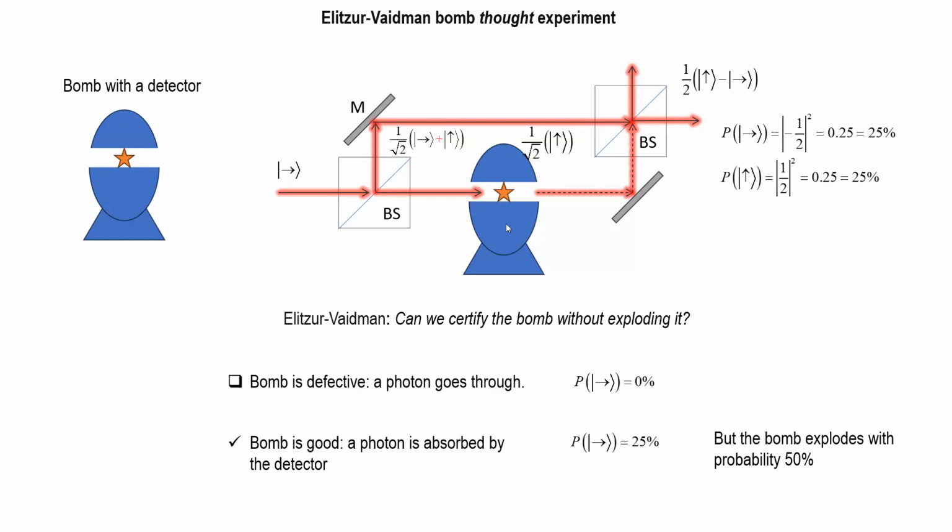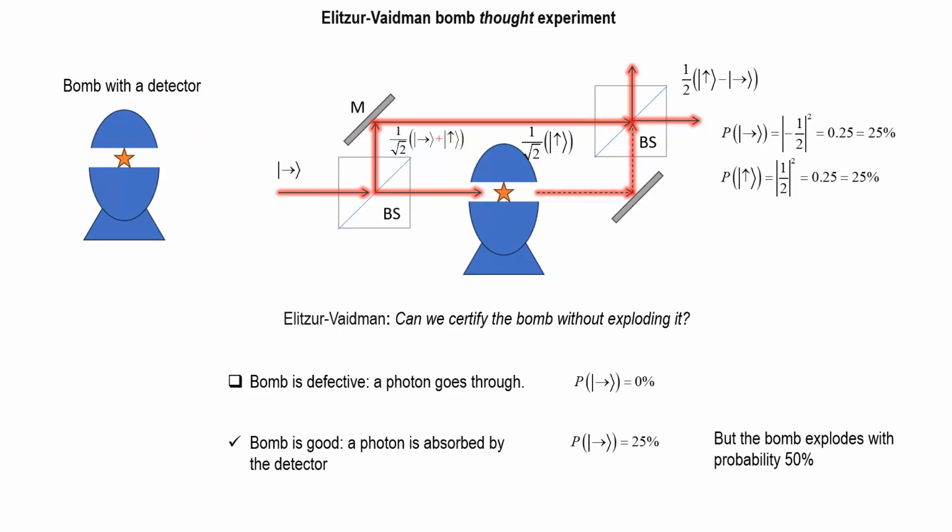We don't know whether this detector is functional or not, but it measures or not this lower channel with 50% probability. So the bomb explodes with the probability of 50%.